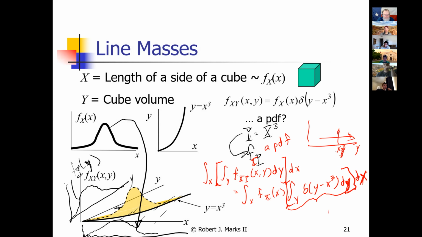I'm moving too fast here. Okay, that doesn't work. So this is just a g of x, if you will, or g of y. So g of y has, for a given value of x, a Dirac delta at x cubed.